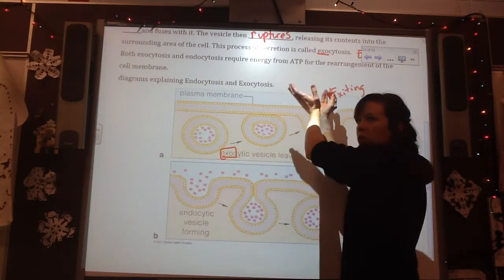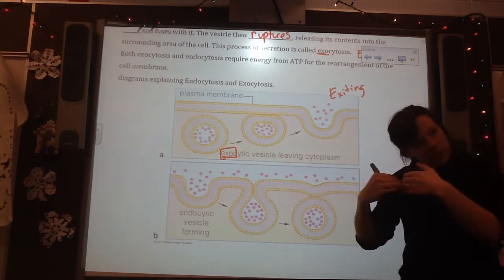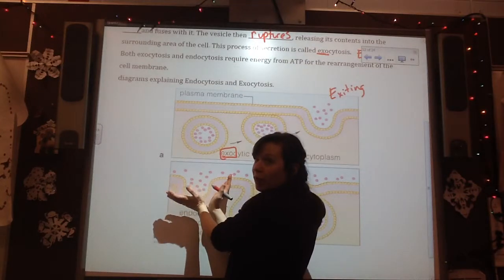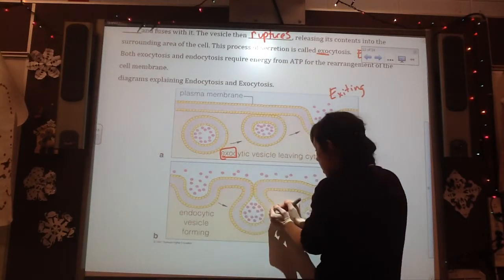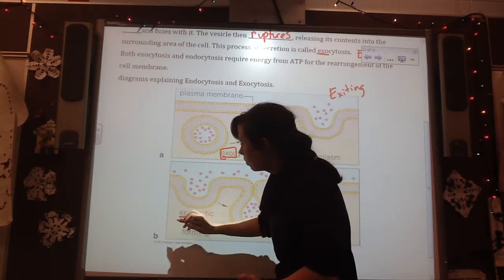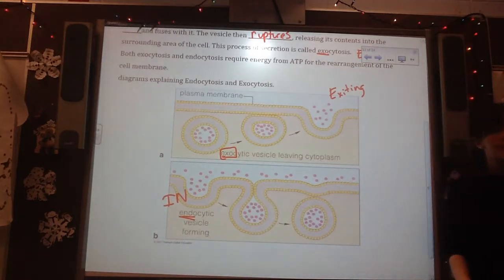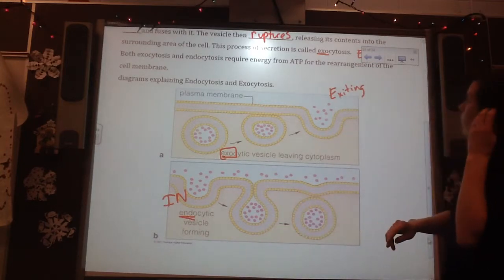So exocytosis is exiting. Now say you want to take something in that's way too big. So it's like, ooh, I want that. So then it pinches it off, takes it in, and then forms another vesicle. So this is endo because it's coming in. Okay? So that's endocytosis and exocytosis.